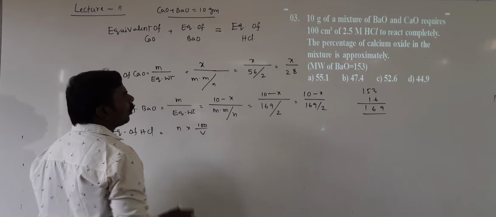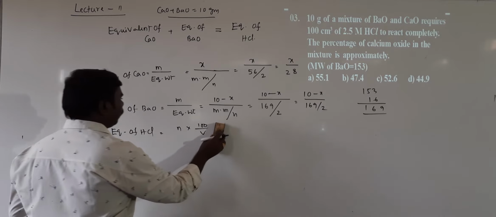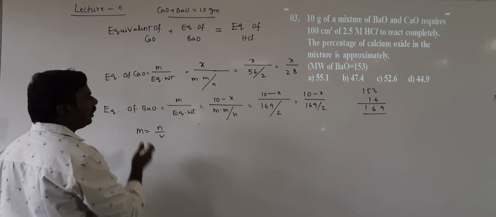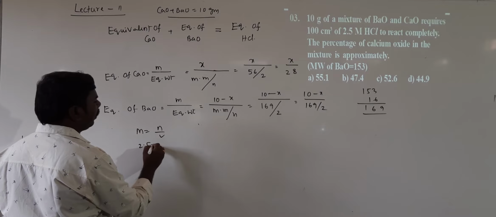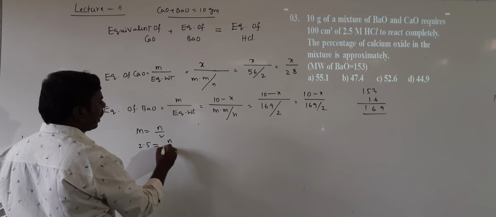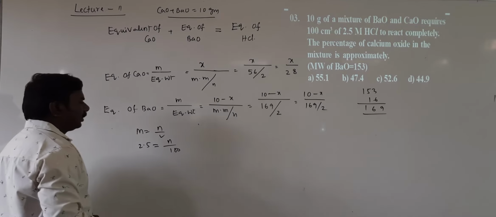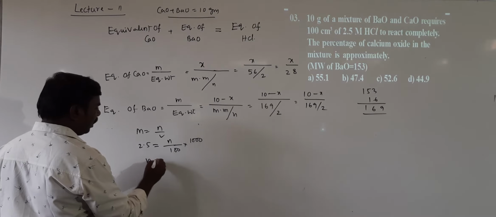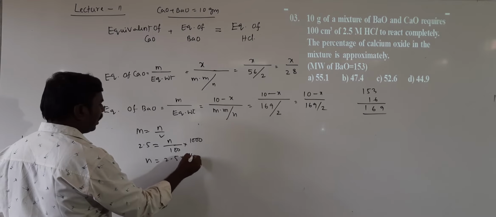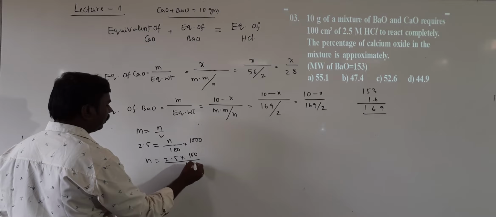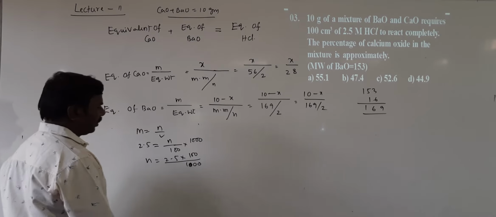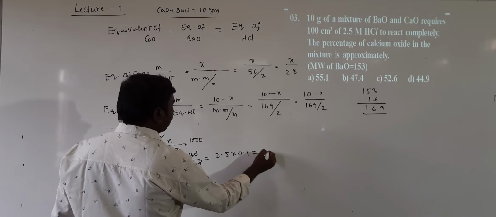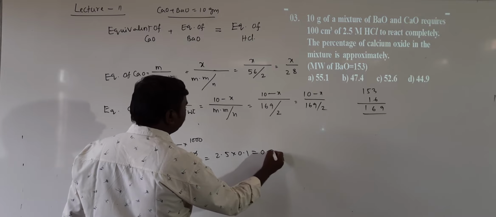Molarity equals n by V: 2.5 equals n divided by volume 100 into 1000 milliliters. So n equals 2.5 into 100 by 1000, which is 2.5 into 0.1, that is equal to 0.25.